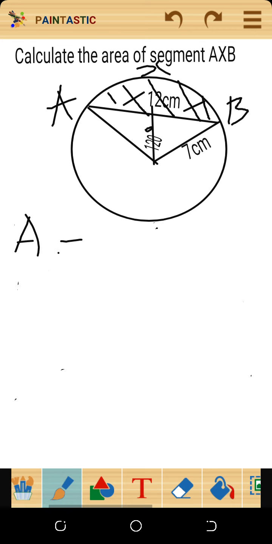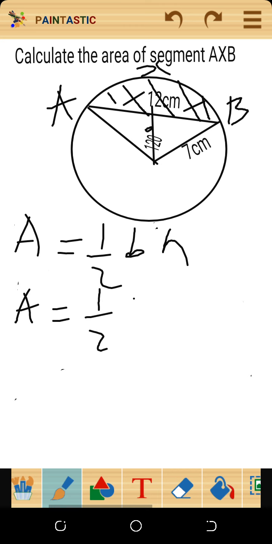So area of the triangle is given by the formula half BH. Area is equals to half base. I'm going to get 12 centimeters.